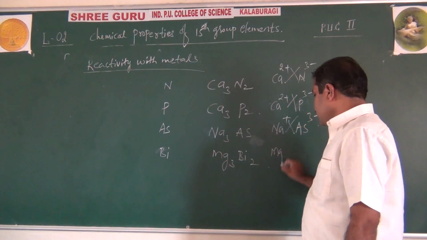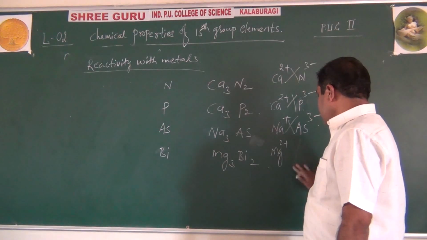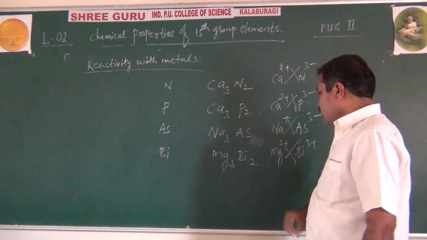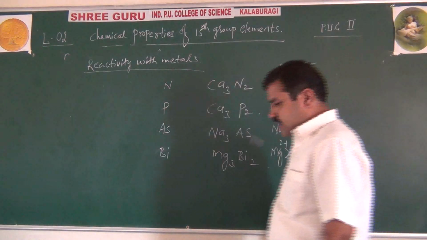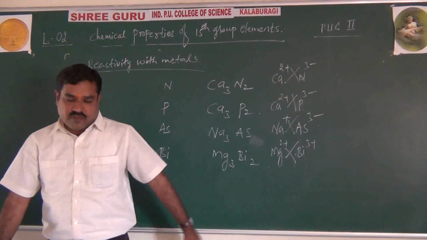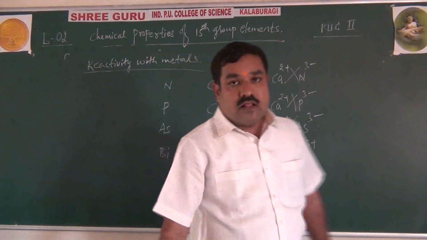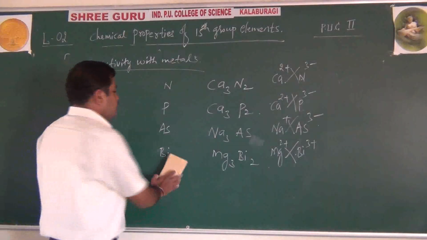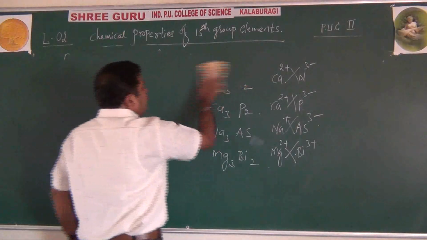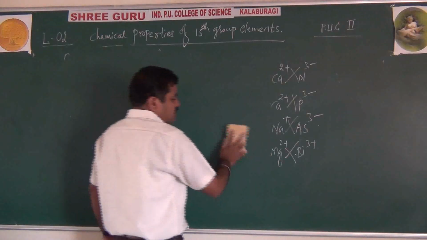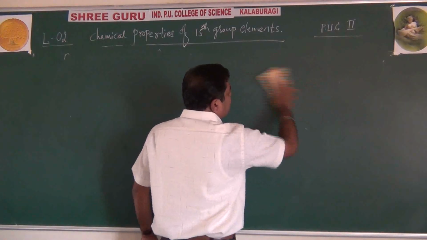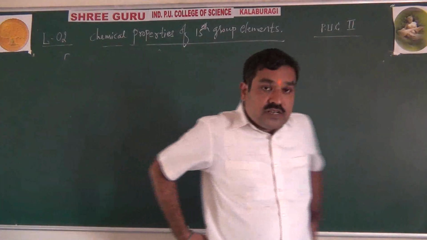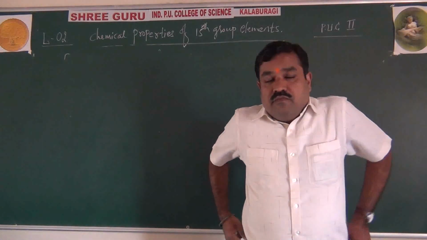Magnesium bismuthide: Mg2+ and Bi3-, therefore Mg3Bi2. Like this they form binary compounds whenever they react with a metal. So this is the reactivity with the metals. That covers reactivity with hydrogen, oxygen, halogens, and metals, forming binary compounds. And oxidation state is also very, very important.